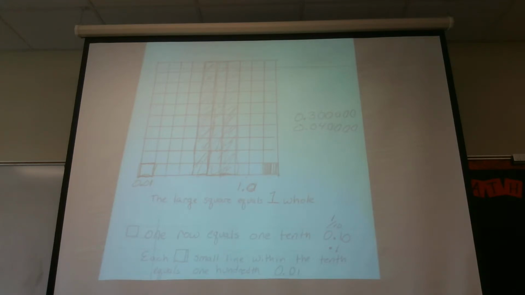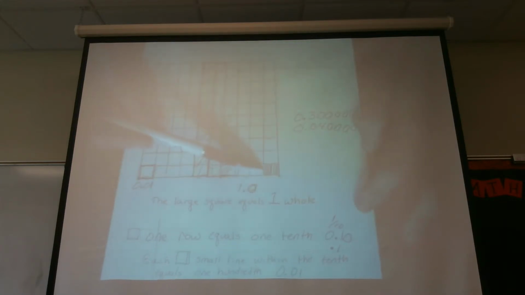Now we've got something else that we've added here. Or I have added and not added very well because I don't draw very well. But if you look here, I've taken this 1/100th and I've divided that into tenths.